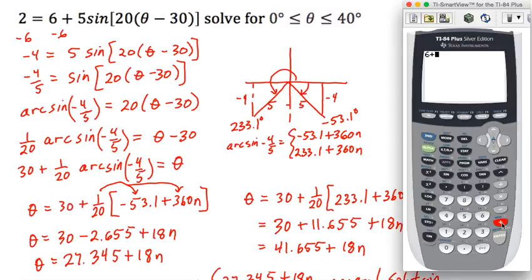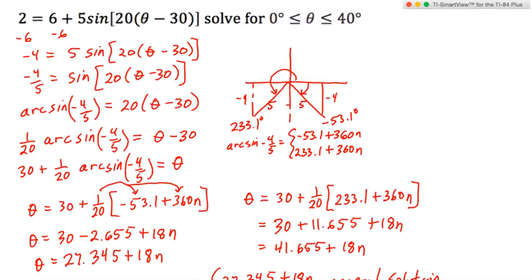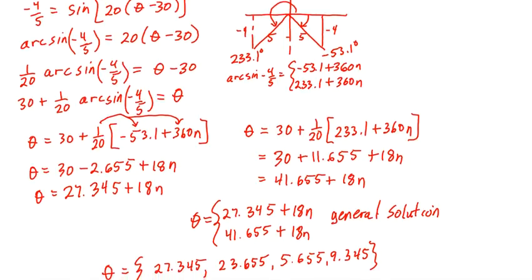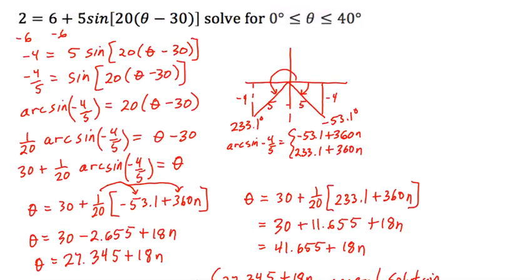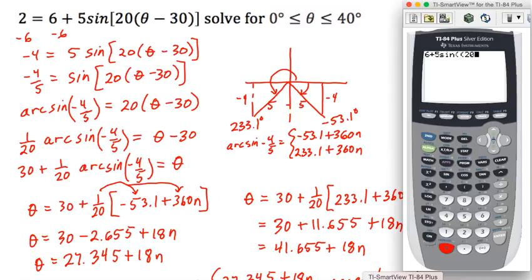Six plus 5 sine of 20 times, and what were those solutions? Let me just try one of them here. How about 9.345? Minus 30.